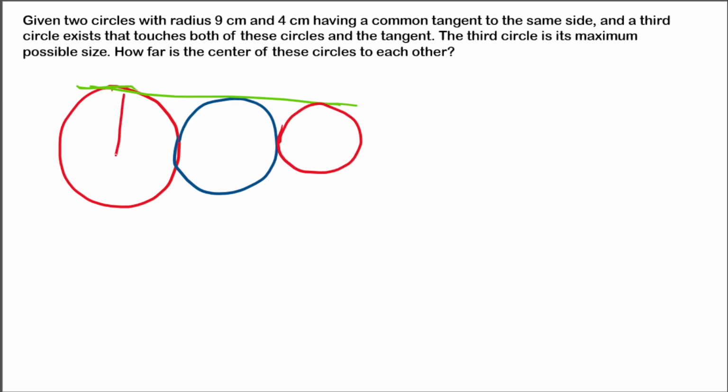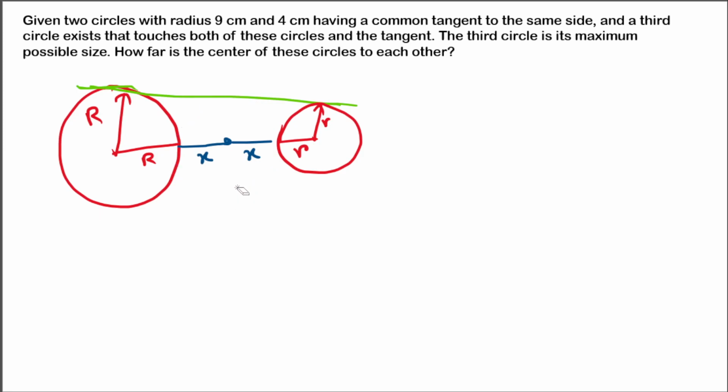Now again, this length was R, so this is also R, right? And this is X, and this is again X, and this is R, right? This is R. So let us ignore this, let us say this triangle.